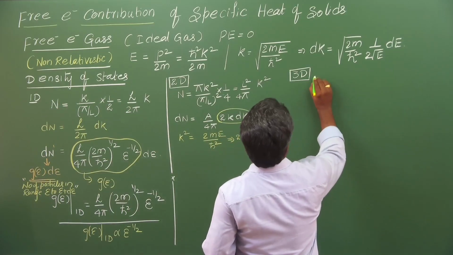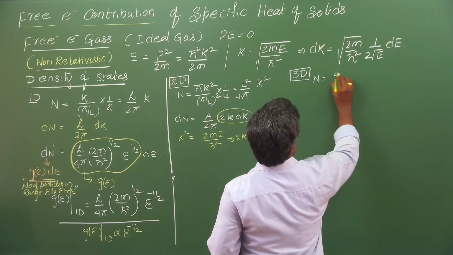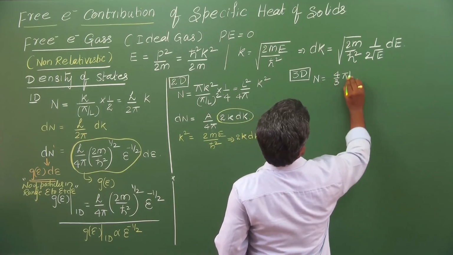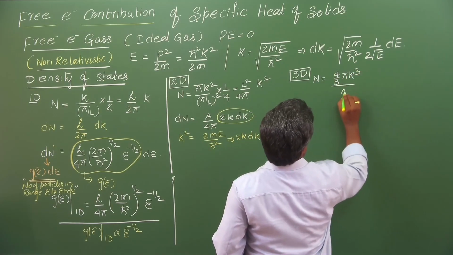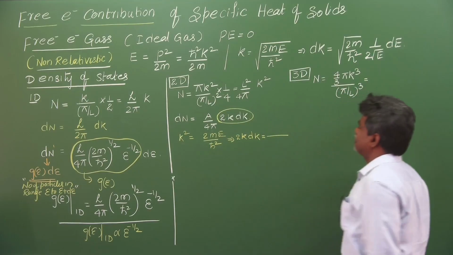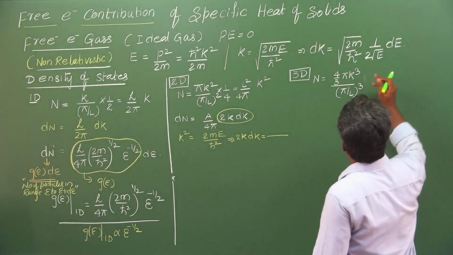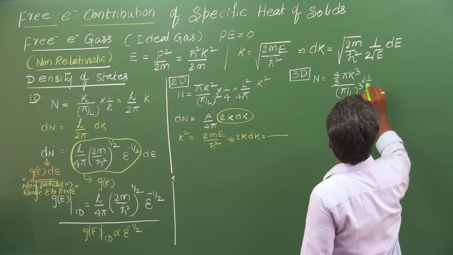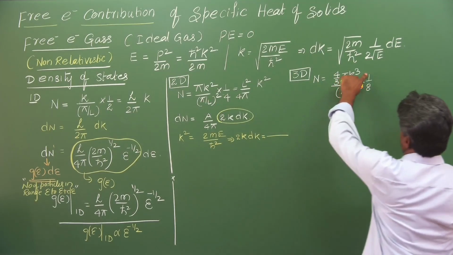In 3 dimension, that is a volume, 4/3 pi k cube by (pi by L) whole cube. Please simplify. And for valid number, you have to multiply with 1 by 8.